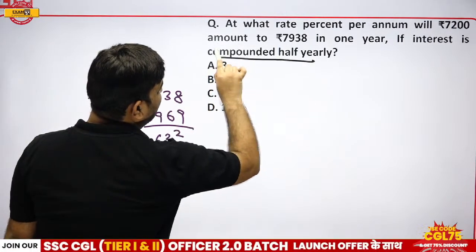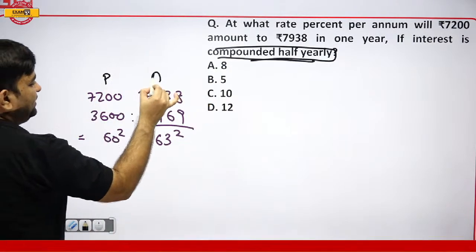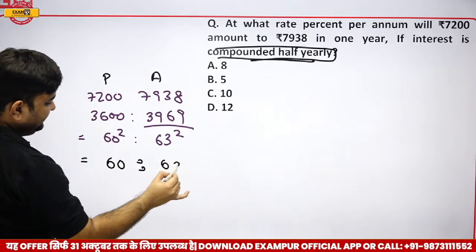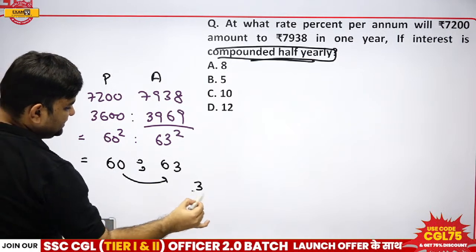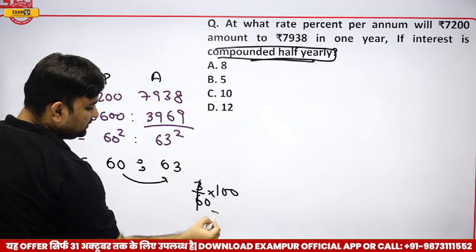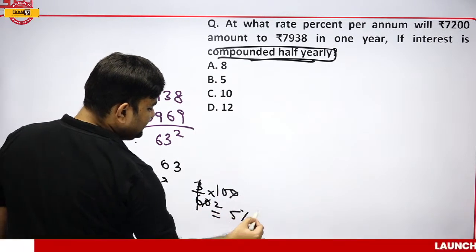Compounding is done half yearly. So this is the change happening in two half yearlies. So in one half yearly, 60 will become 63. Interest of 3 over 60 into 100, 5% per half yearly.